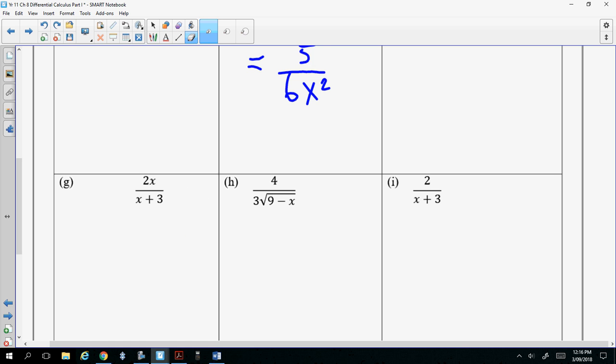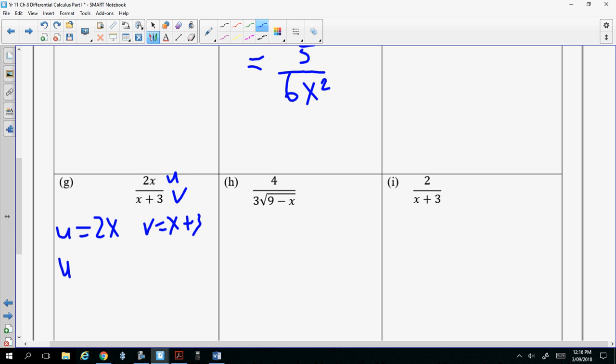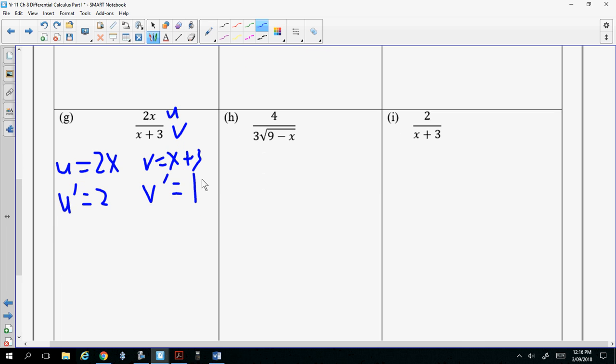So you write u, v, u dash, v dash. u equal to 2x, v equal to x plus 3. u dash equal to 2, v dash equal to 1. Yeah? All right. So y dash equal to u dash v minus u v dash, all over v squared. All right, doing good.